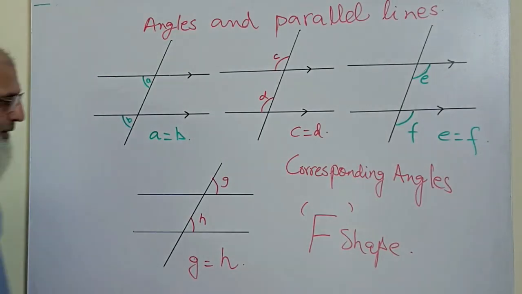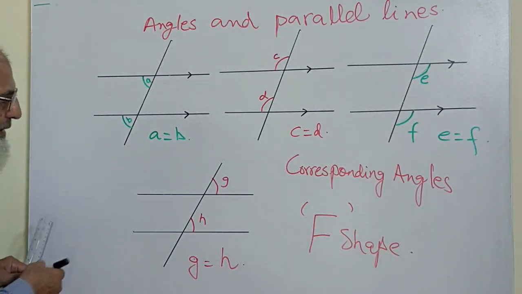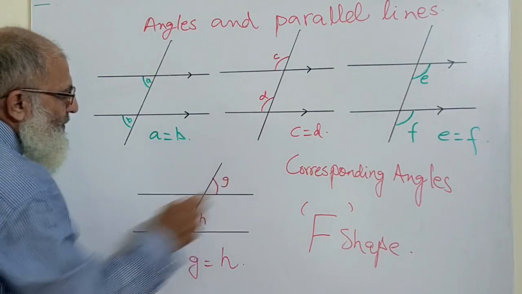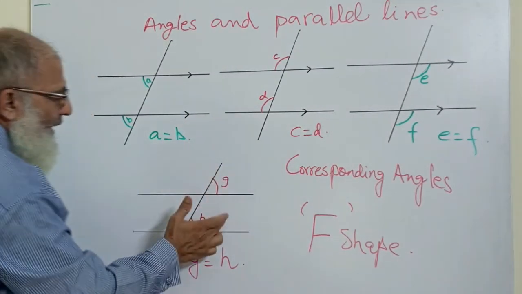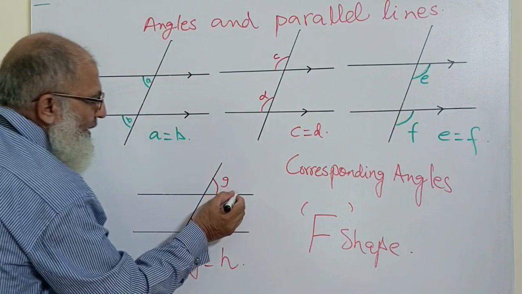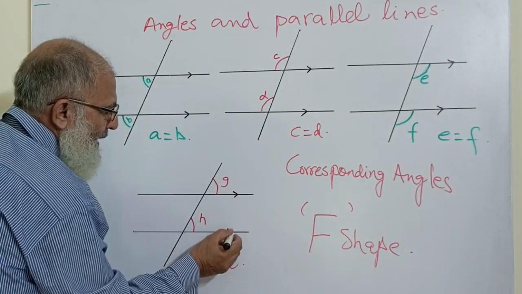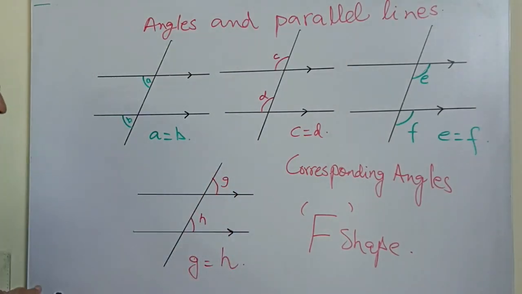The last one is again like this figure. Here we have taken the left hand side, and in this figure we have taken the right hand side. Now these two parallel lines are cut by this transversal.